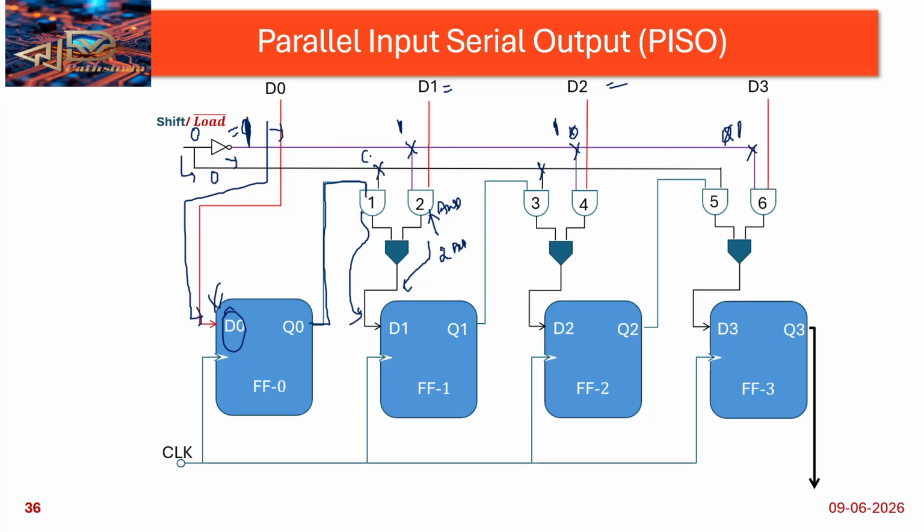Okay, here 0 is connected, then 0 into anything is 0, this output is 0 here. Okay, and then here D1 into 1, I am getting the output D1, then D1 plus 0 is D1, I am getting here, then my data is loaded into F1.